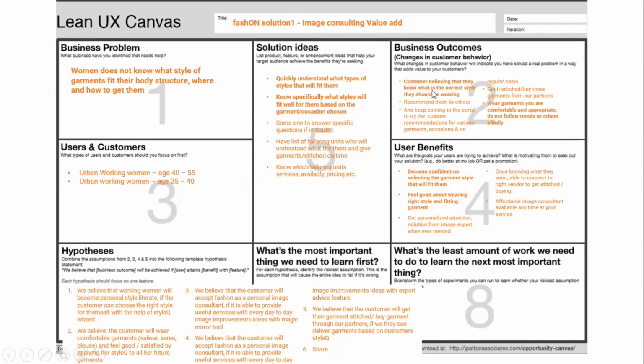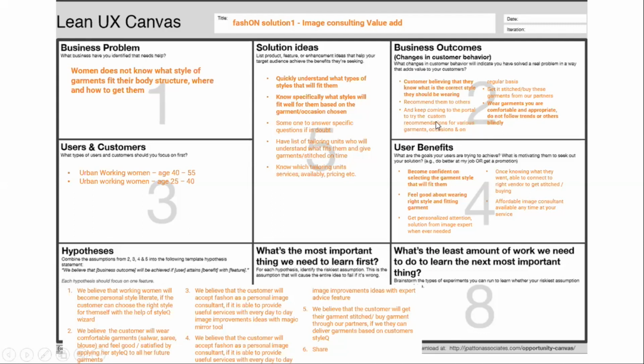Another, indirect way of knowing the business outcome is that they recommend us to others. If they recommend us to others, it indirectly shows they believe we have solved the problem, they are confident now, and this will help others as well. And they keep coming to the portal to try the custom recommendations for various garments and occasions on a regular basis.